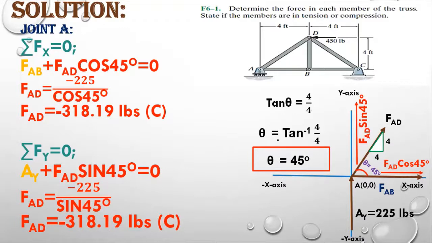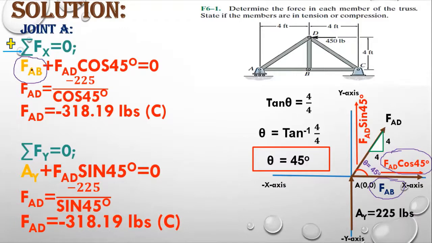First of all, if I am going to sum up horizontal forces, there are two forces acting over here, FAB plus FAD cos 45 degrees. So FAB plus FAD cos 45 degrees equals 0. We have already calculated the value of FAB in the previous slides.